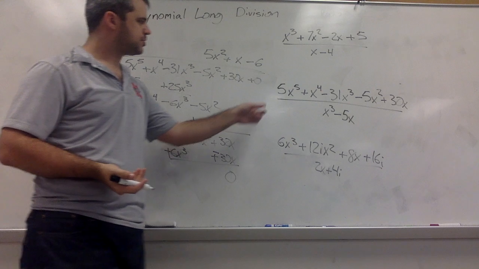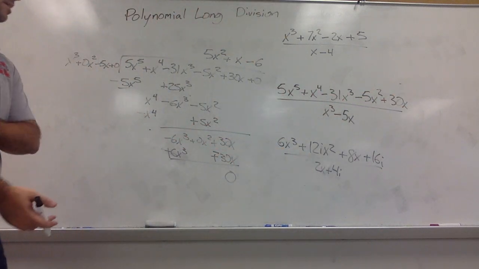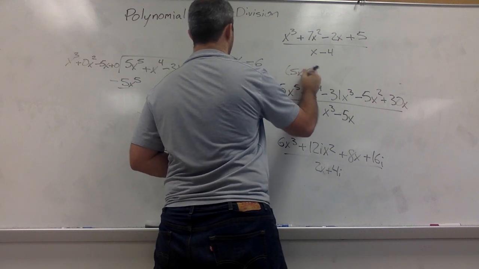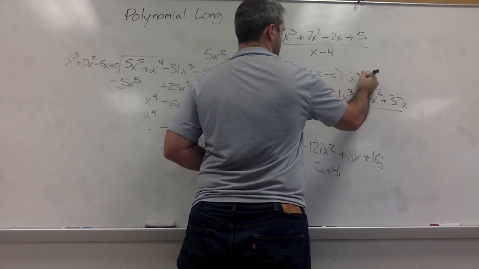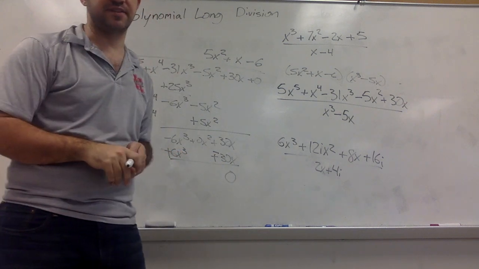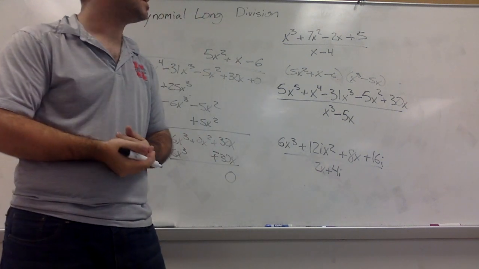What this means is we could rewrite this polynomial right here as 5x squared plus x minus 6 times x to the third minus 5x. Okay, we've succeeded in factoring out this guy just a little bit.